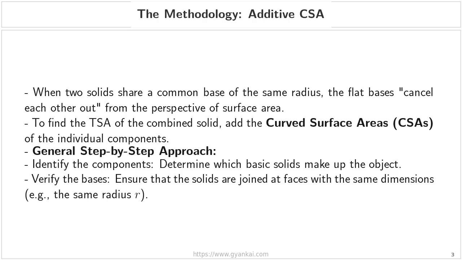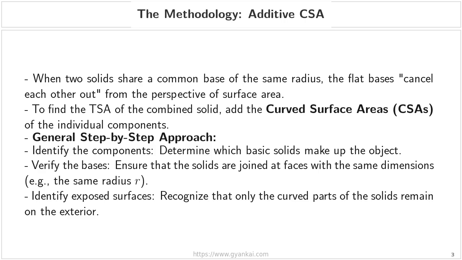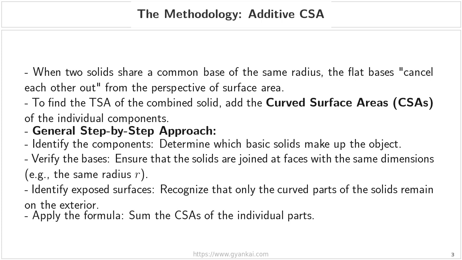For example, check that they both have the same radius, denoted as r. Third, identify the exposed surfaces. Look closely at the object and recognize that since the bases are hidden, only the curved parts of the solids remain on the exterior. And finally, apply the formula. Simply sum the curved surface areas of the individual parts to get your final answer.